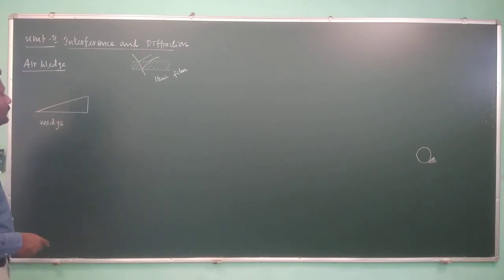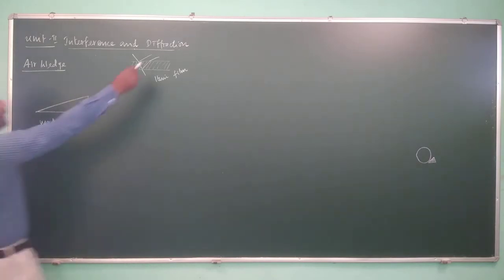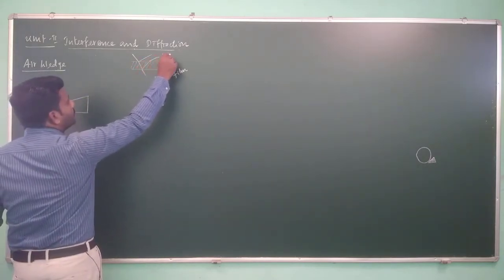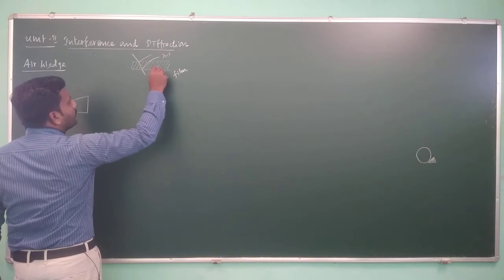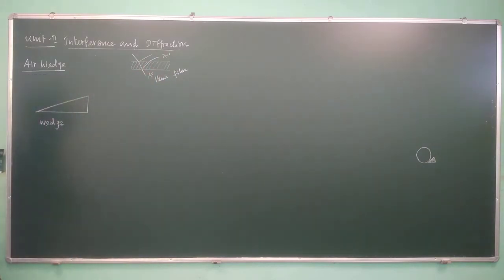Instead, here the upper part is air and the lower part is air, and in between is some other material. If we have a situation where this inside is air, and the surrounding is made up of some other material.